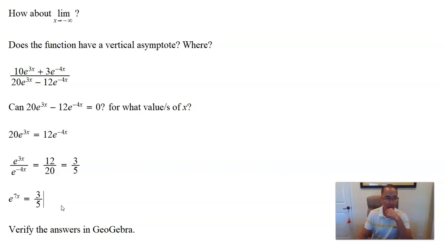So that's great. How are we going to solve this equation? Well, you can think of it in two different ways which are equivalent to each other. You can take the ln of both sides, or you can think of this as a logarithmic equation instead of an exponential equation. I think it's easier if we just take the ln of both sides. So ln of e to the 7x equals ln of 3/5.